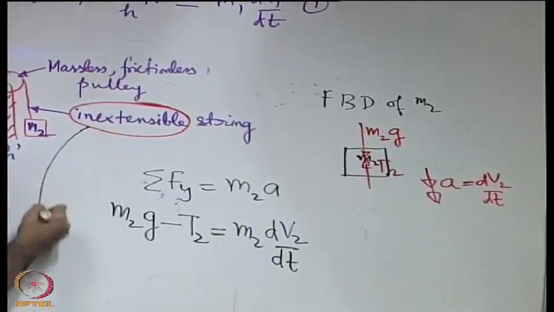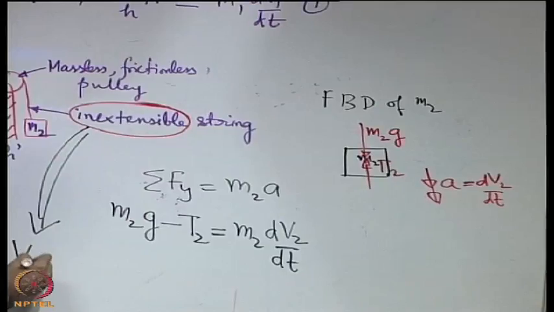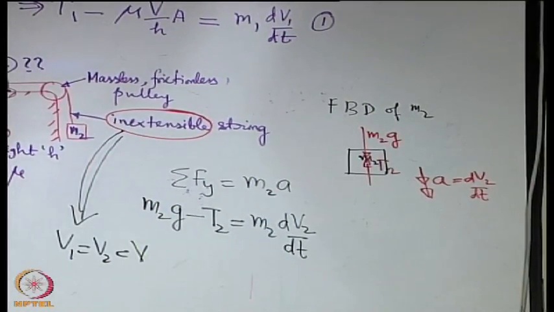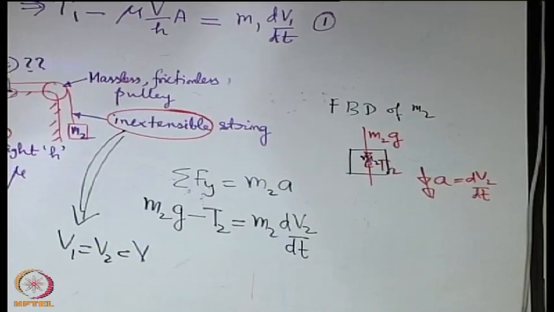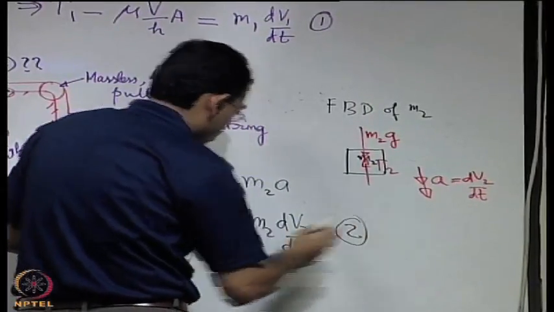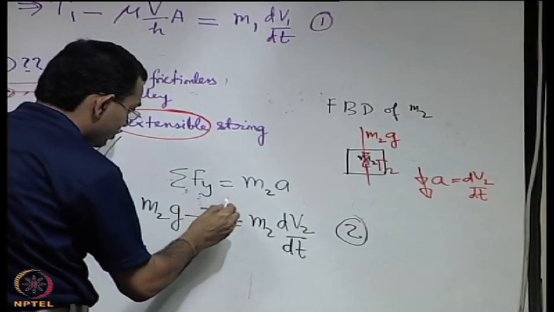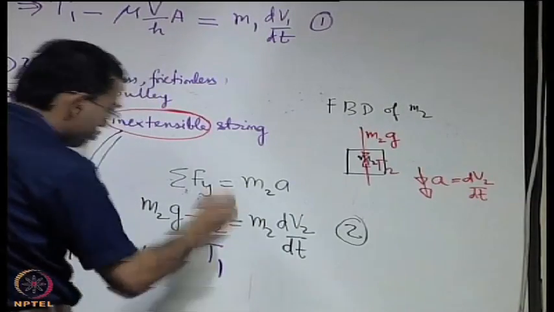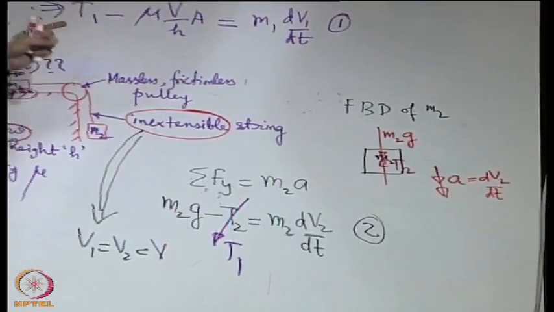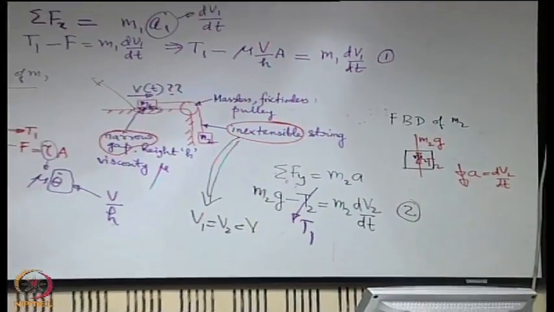From the inextensible string we can write V1 is equal to V2, say equal to V, and we have already seen T1 equal to T2. So if we call this equation number 2, in equation number 2 we have this T2 same as T1. So we can get the expression for T1 and substitute in equation number 1. Let us do that.